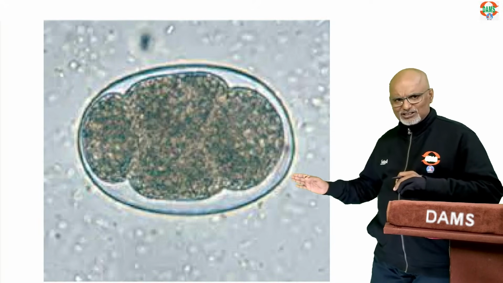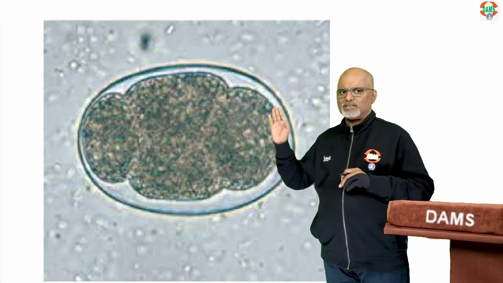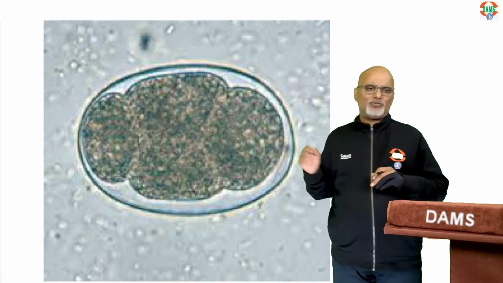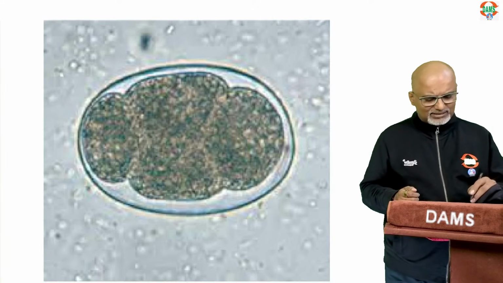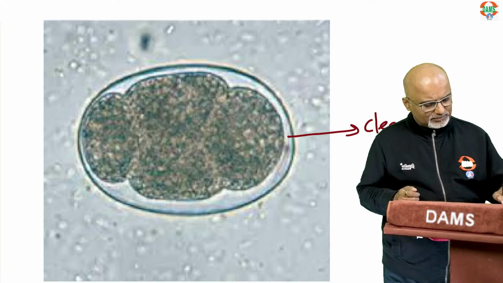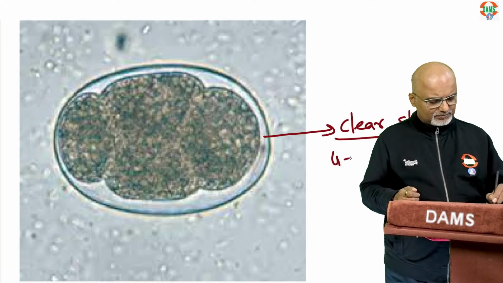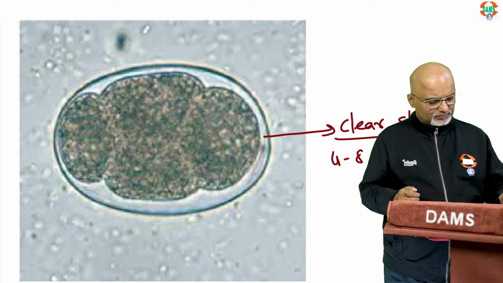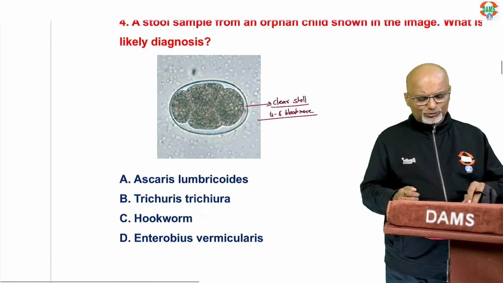A beautiful clear shell, with 48 blastomeres. What is it? You can answer from the egg morphology itself. This is a clear shell with 48 blastomeres. So you are lucky, they directly ask what is the diagnosis.